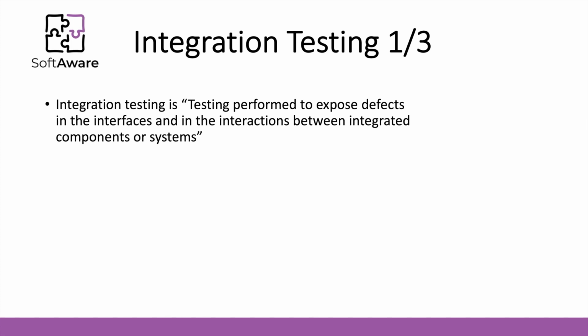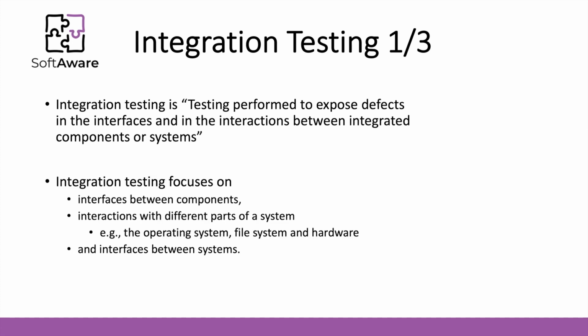Through component integration testing, we start assembling components into subsystems. We can then integrate the subsystems together to create the overall system being delivered. Integration testing focuses on interfaces between components, interactions with different parts of the system, for instance, the operating system, the file system, and hardware, and interfaces between systems.